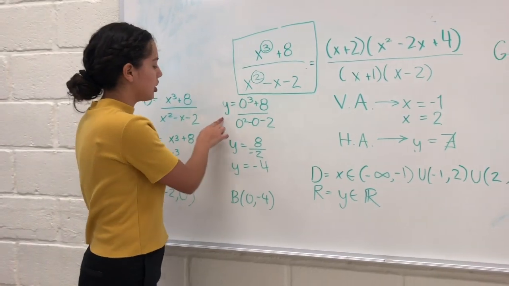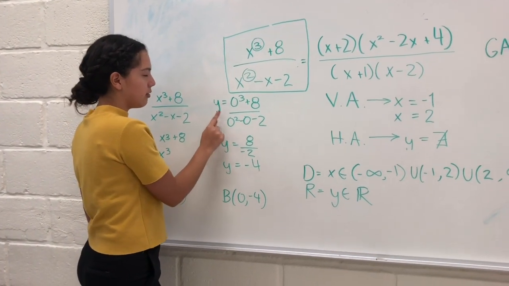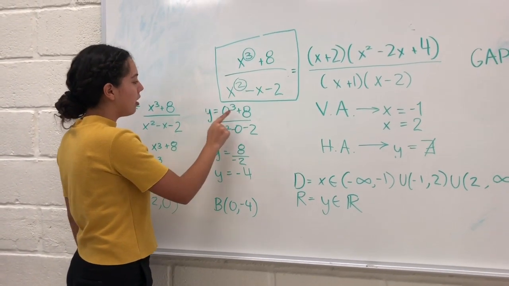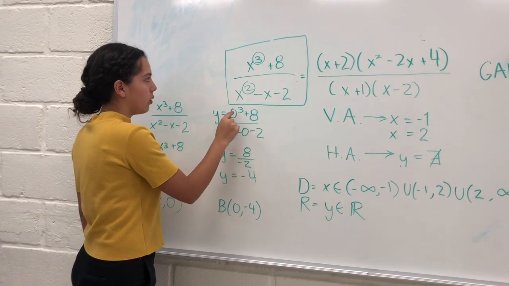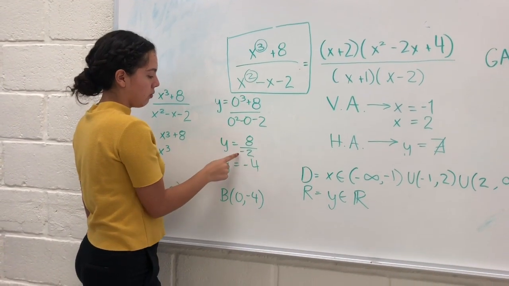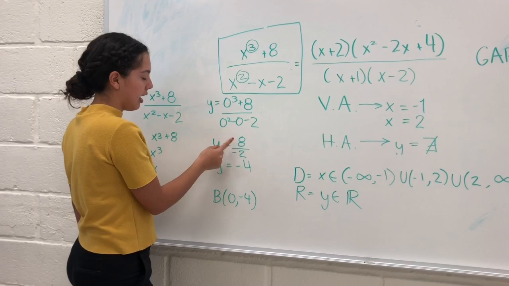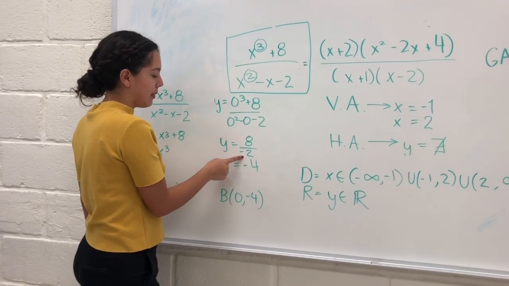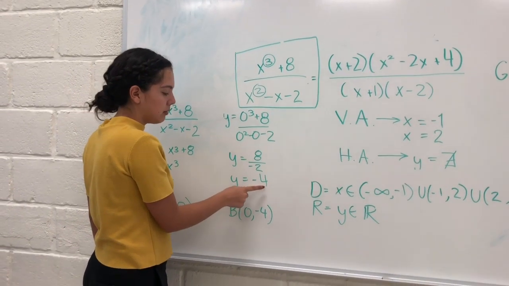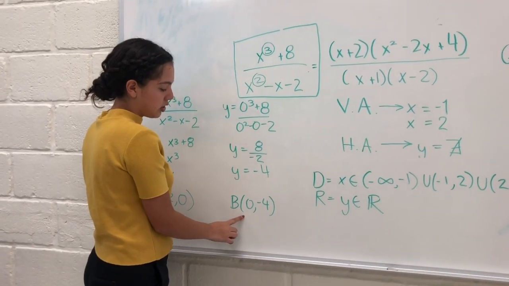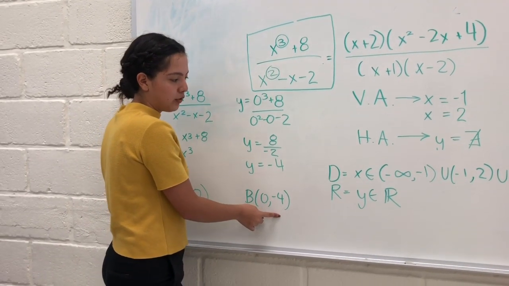And for the intersection with y, we set x equal to 0, and we have now 8 divided by minus 2, and that leaves us with minus 4. That being the intersection (0, -4).